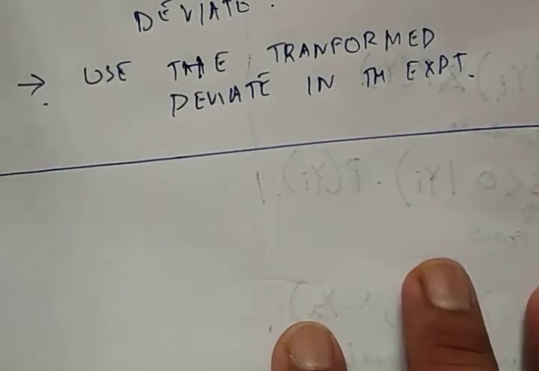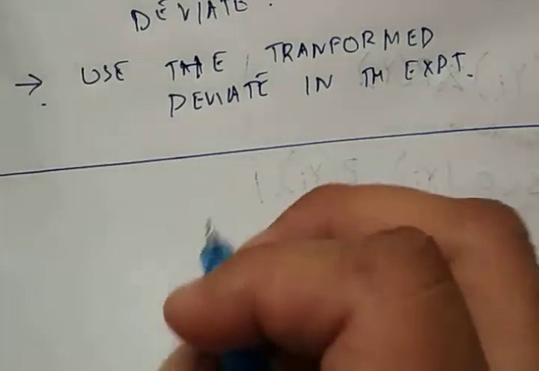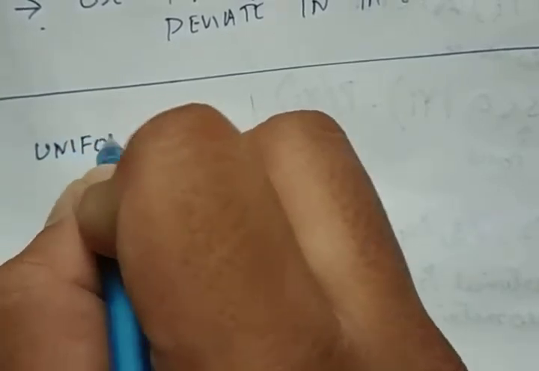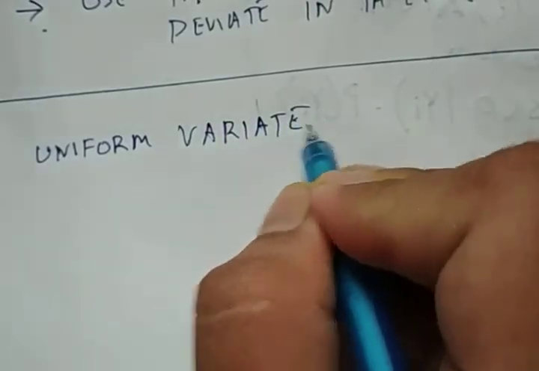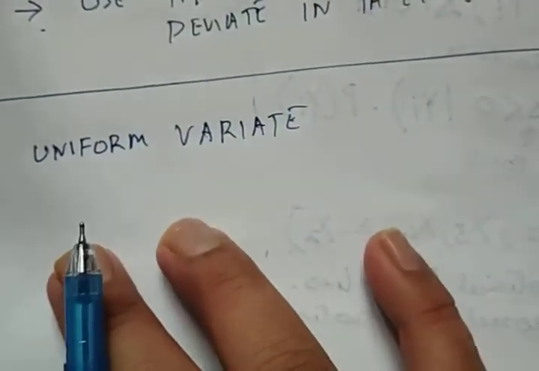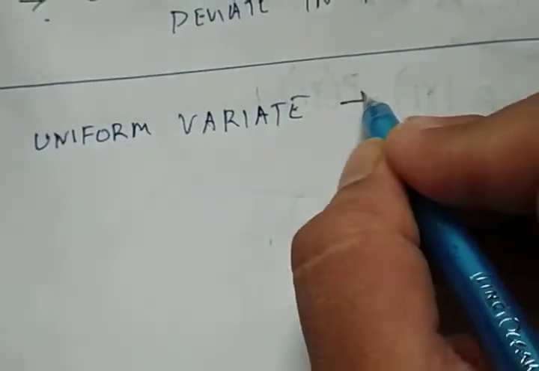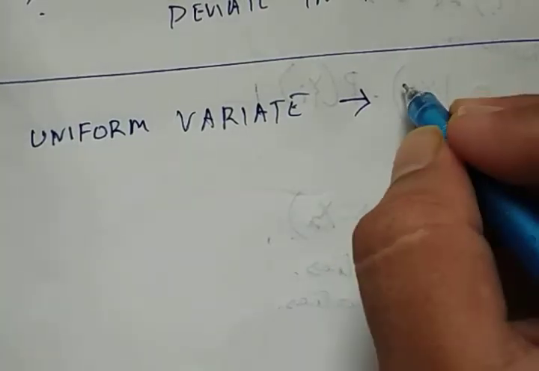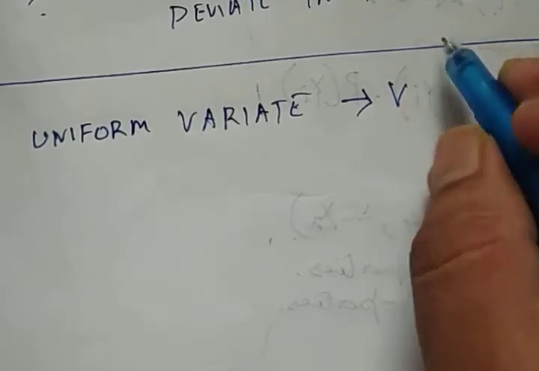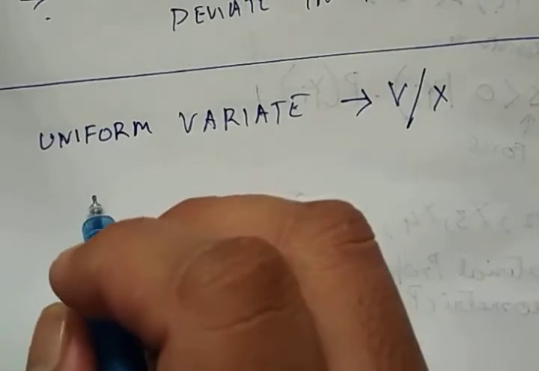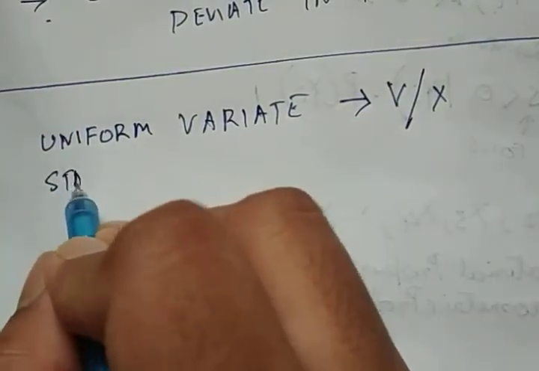One is my uniform variate, and the second one is, let me denote it by capital V, or here in this case actually I have denoted by X's, so either I can denote by capital V or X. That's my wish. And the standard uniform deviate.